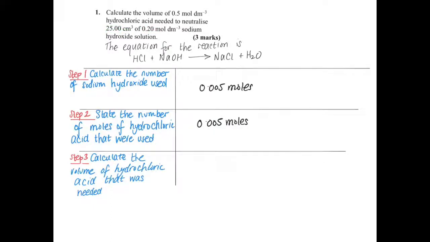For the last step, it says calculate the volume of the hydrochloric acid that was needed. Remember, if you're calculating volumes or concentrations or number of moles in a solution, the equation we need to use is n = c × V. But it says calculate the volume, so the volume is the number of moles divided by the concentration.